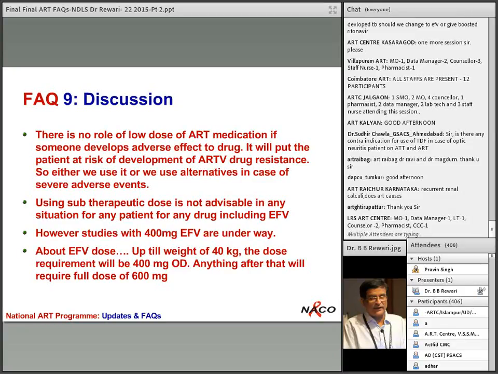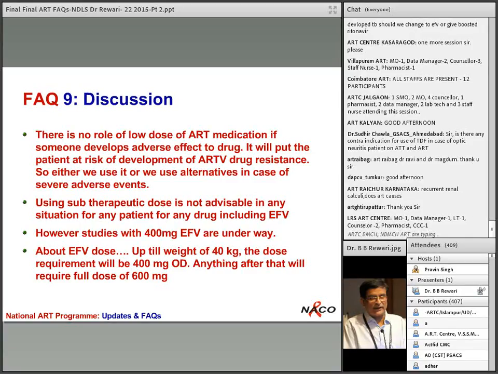However, efavirenz, as I told you earlier, studies with 400 mg efavirenz have been done, and a meta-analysis is on the way on whether we can use 400 mg instead of 600 mg, which is likely to reduce the pill size of TLE also. And just to inform you, instead of tenofovir disoproxil fumarate, that is TDF, we now have tenofovir alafenamide fumarate also, that is TAF, which is coming in, and its dose will be as low as 30 mg.